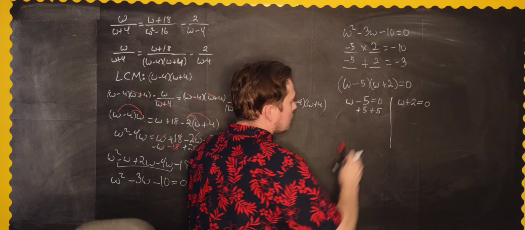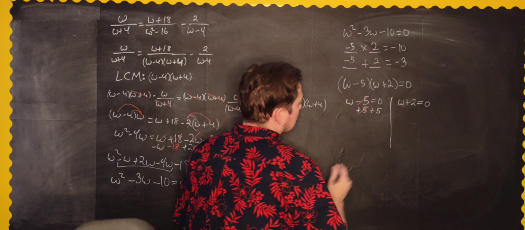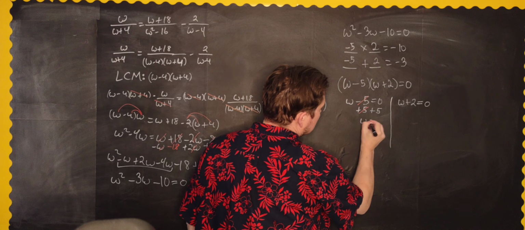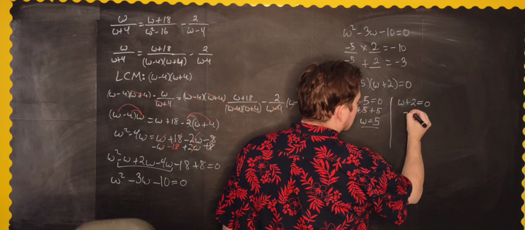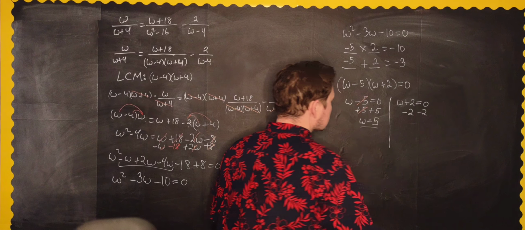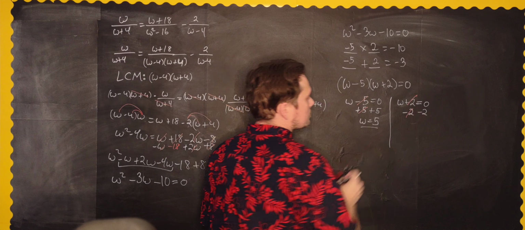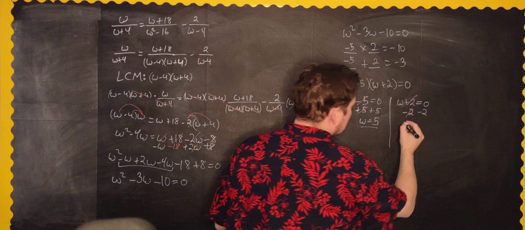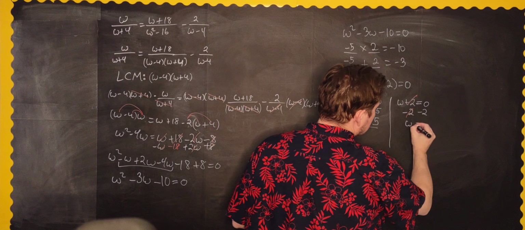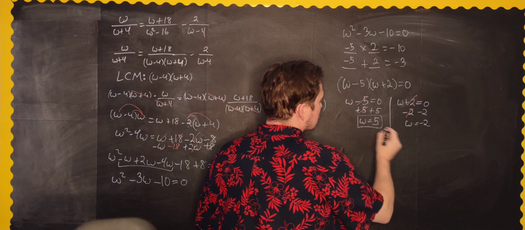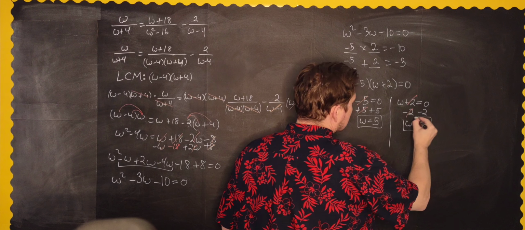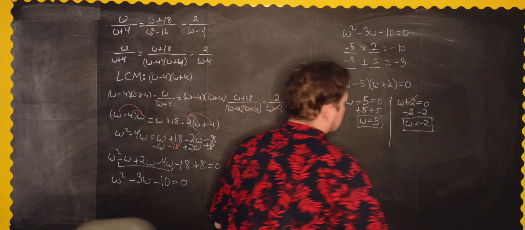Of course, this one cancels with this one, and all that remains is that w is equal to positive 5. Same thing over here, minus 2, minus 2. So of course this one cancels with this one, opposite in sign. Therefore you just end up with w is equal to negative 2. And both of these, w equals 5 and w equals negative 2, they both work.